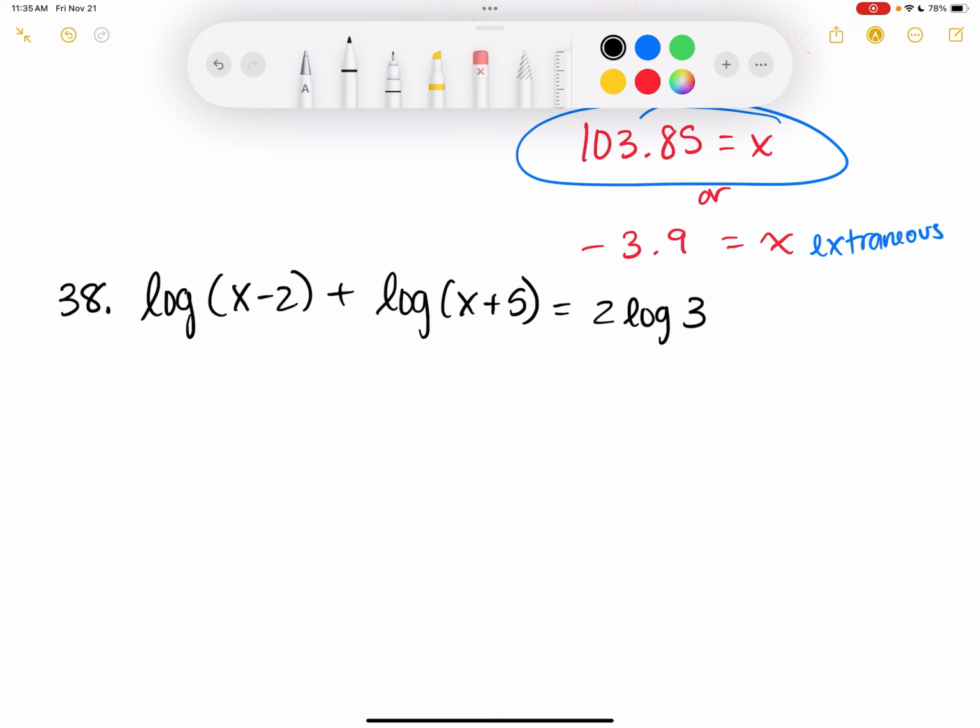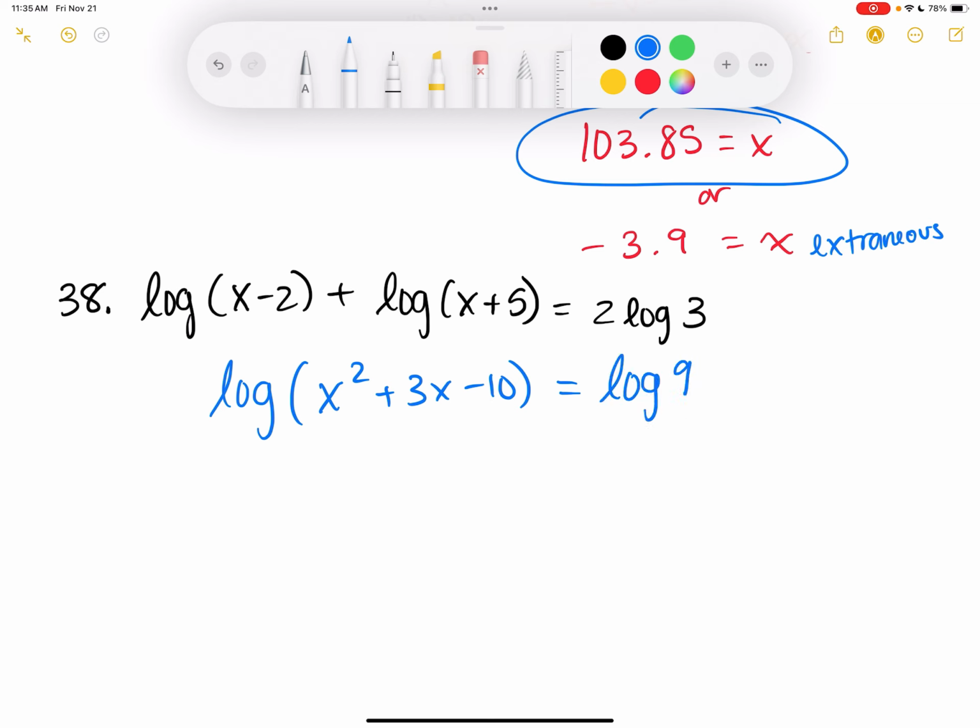Yep, so log of a product is equal to the sum of the logs, so we would multiply this stuff over here, so we would have the log of, if you want to go ahead and FOIL this, you can, just to save a step, so that would give me x squared minus 2x plus 5x, so plus 3x, and then minus 10 equals, what do I do with this? Throw it out and square the 3. So log of 3 squared or log of 9.